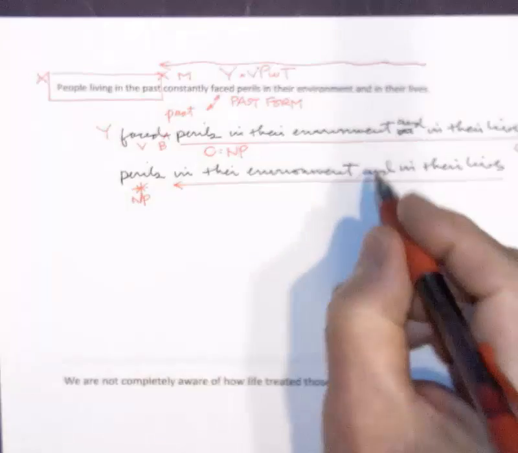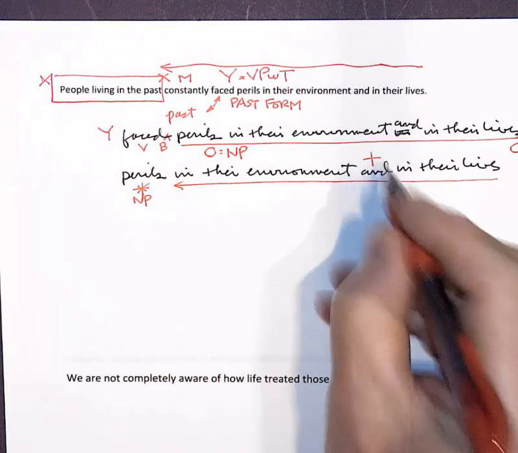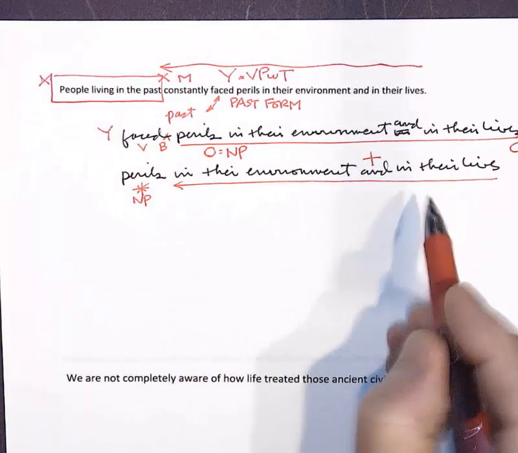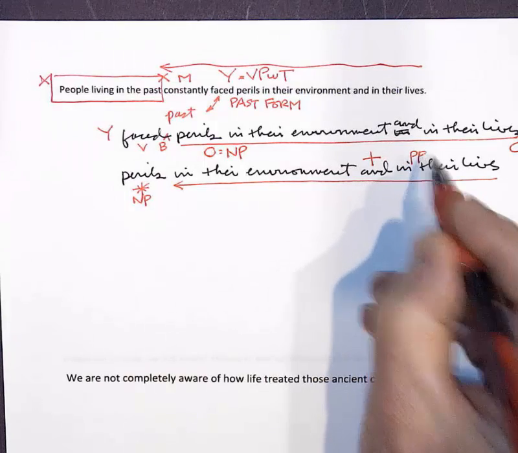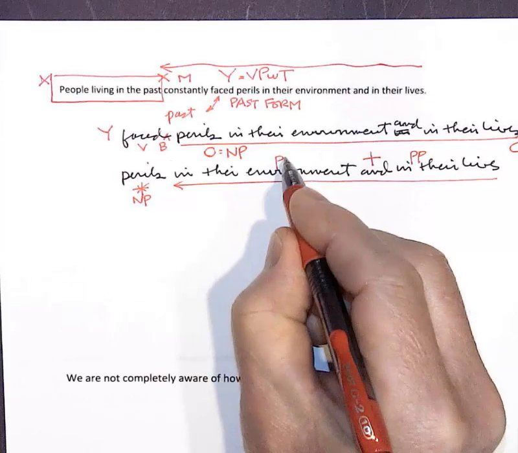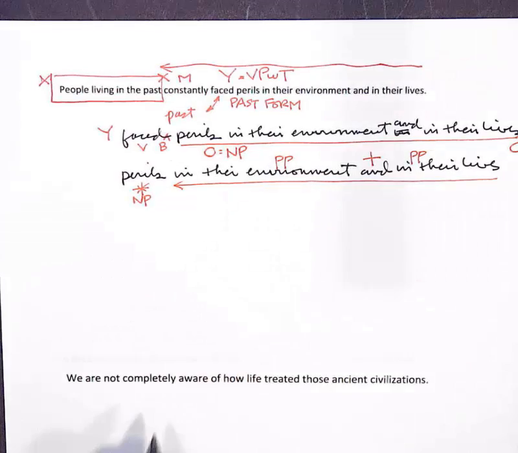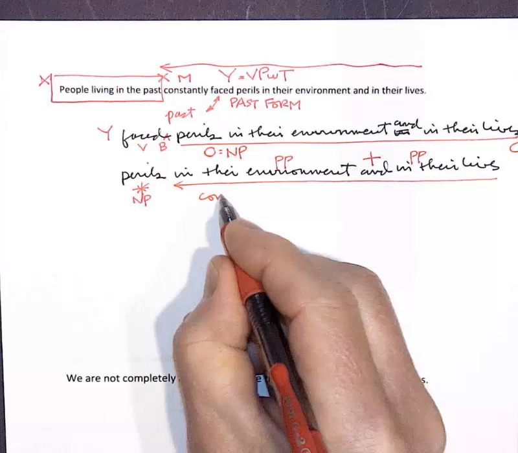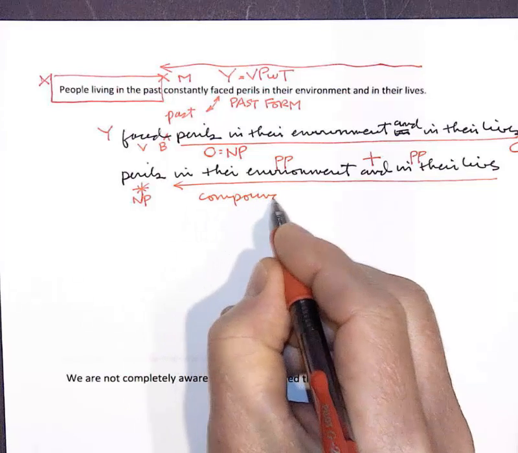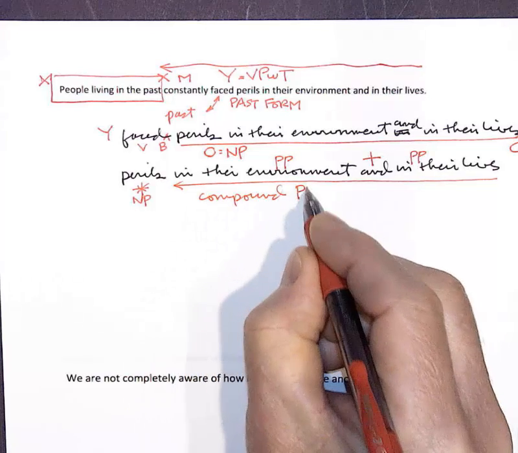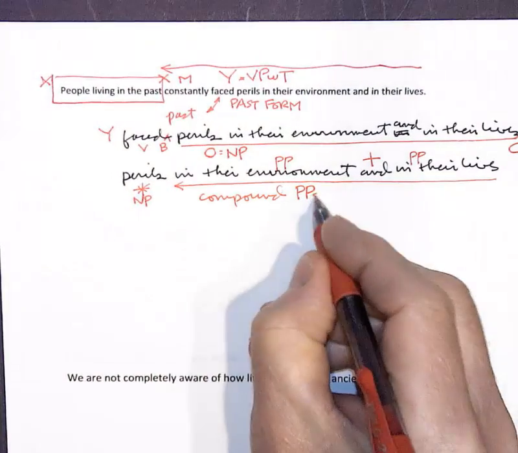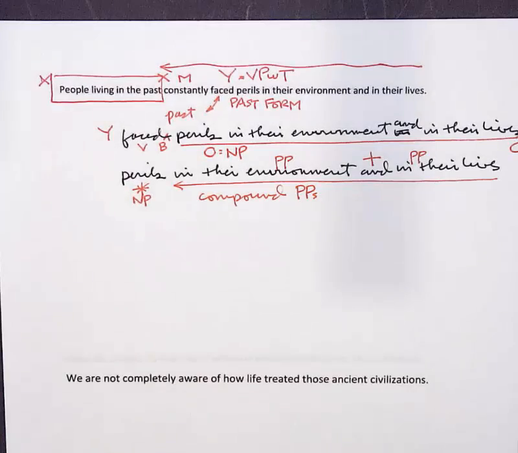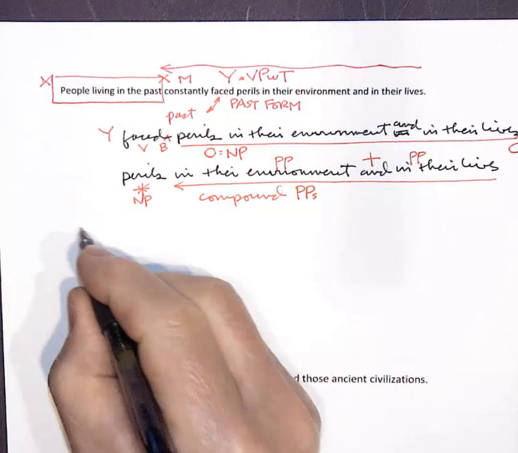And now I notice we have a coordinator and we have a prepositional phrase, in their lives, on one side and a prepositional phrase, in their environment, on the other. So this modifier is compound prepositional phrases. Let's rewrite one at a time.